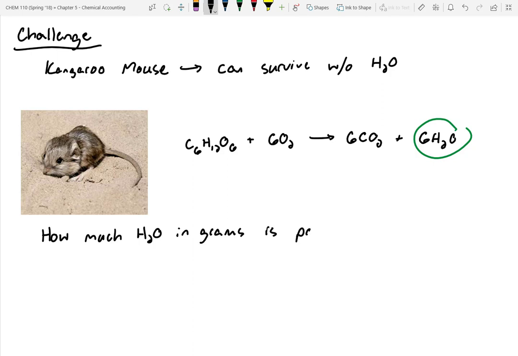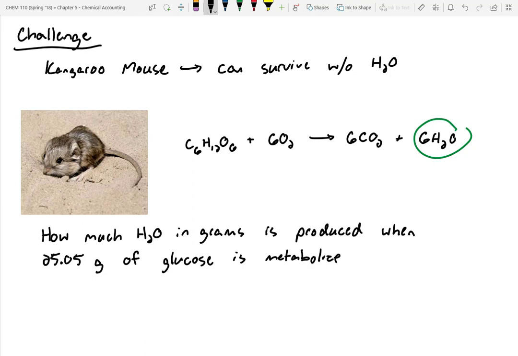Is produced when 25.05 grams of glucose is metabolized. Glucose is the big guy right here.